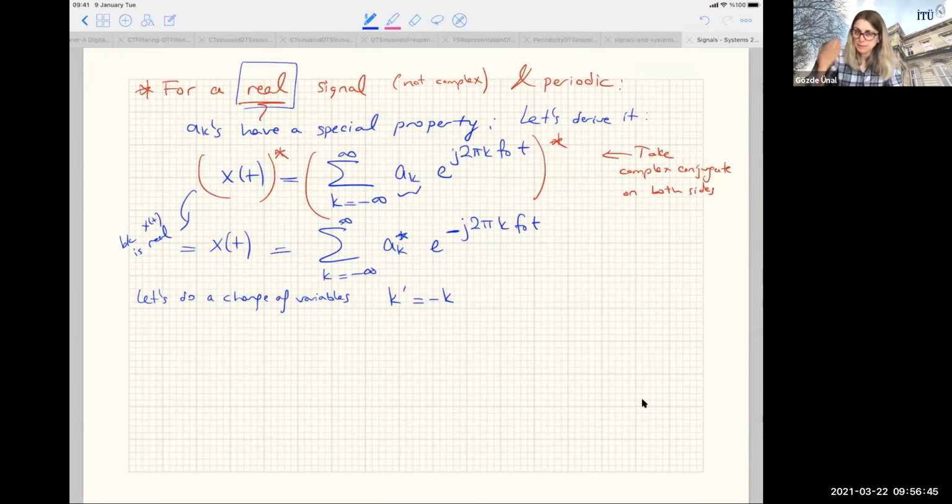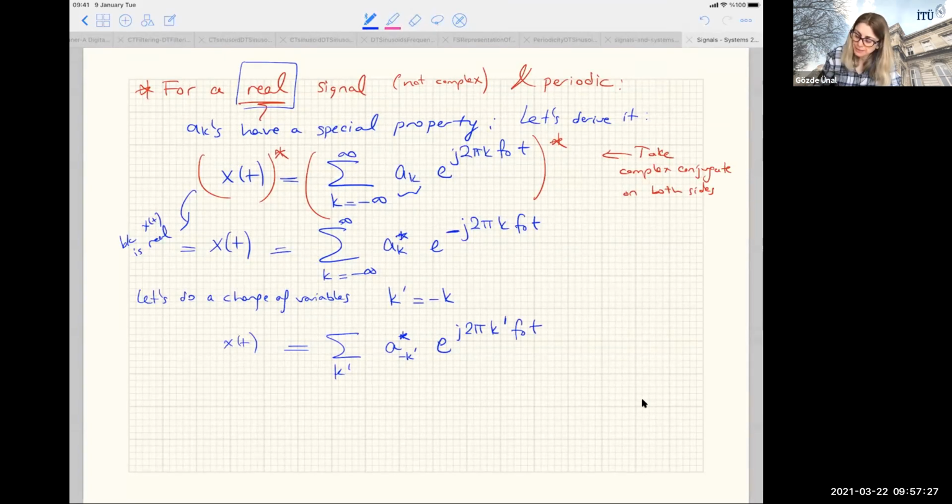So I'm continuing from the part above. This x of t is, now with k prime, again the sum from minus infinity to infinity, but it's the same because it's a sum. Now a conjugate of minus k prime. I do the change of variables on this equation because I'm trying to get rid of this minus k in the basis function. That's the idea: e to the j 2 pi k prime f0 t. I could have used m or l, whatever other index you would want.